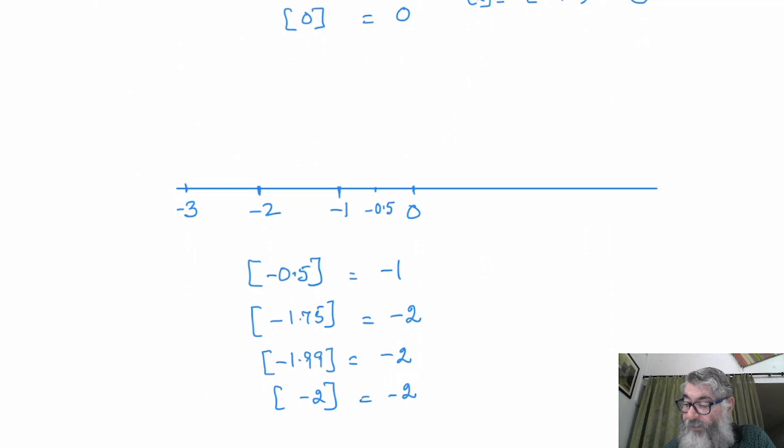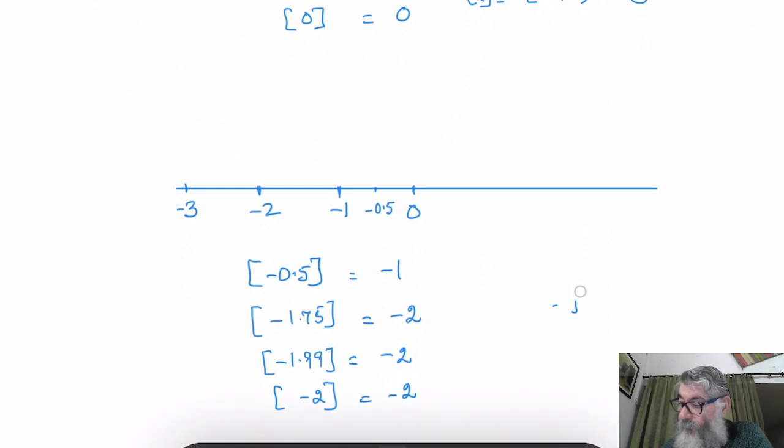So now what is happening is, suppose we start from -1 to -2. You're moving from -1 to -2.